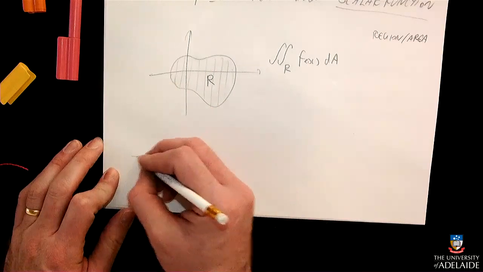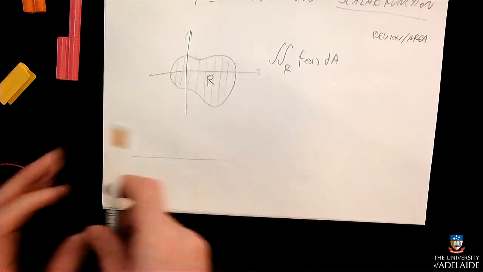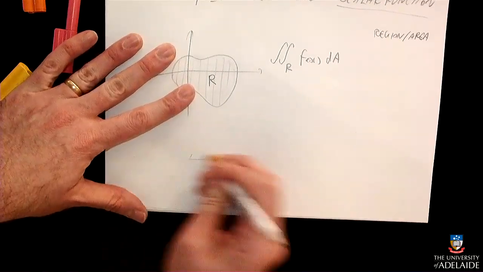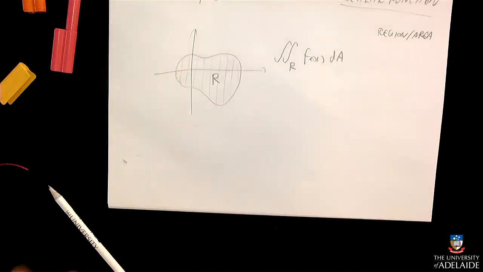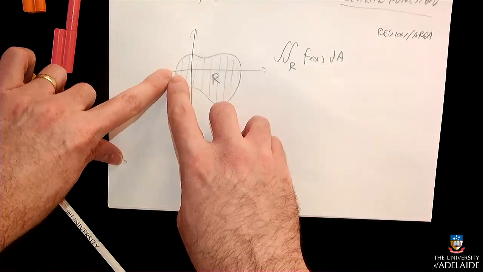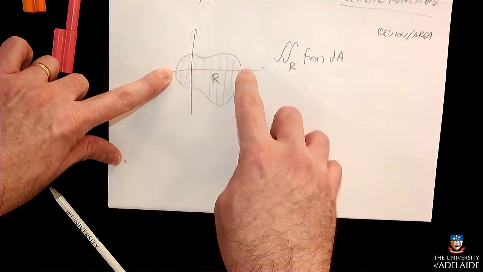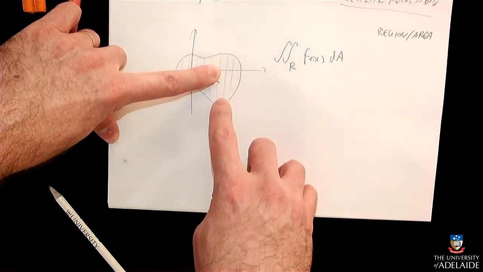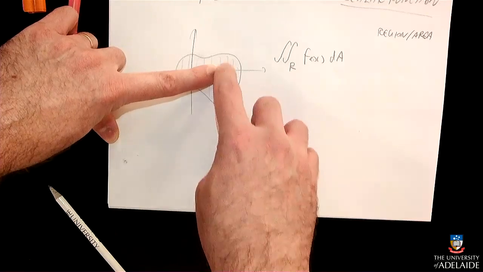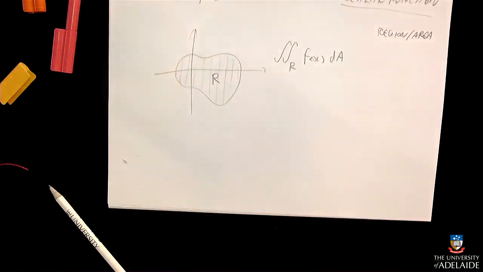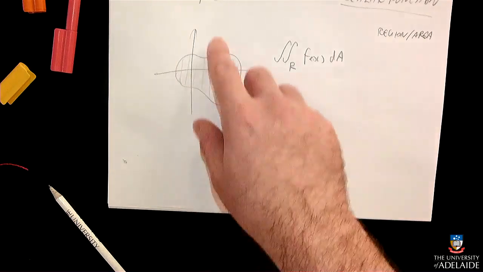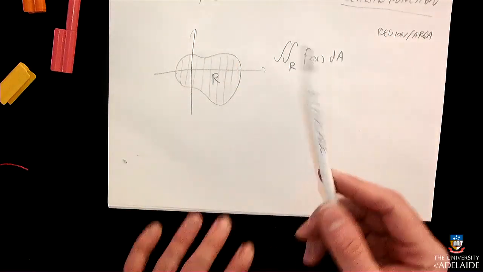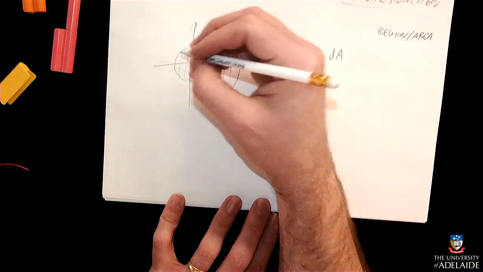So I could do this if I wanted. So this curve is not too bad. I could say, well, the x has to go from here to here. And once I've chosen an x, the y has to go between that top function and that bottom function, like here. So for each x, I get a different choice of what y's I can use, and then that will locate where I am inside this region.